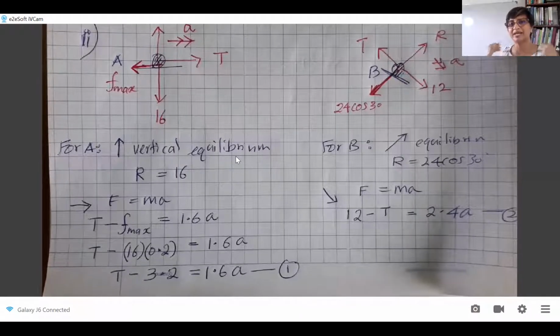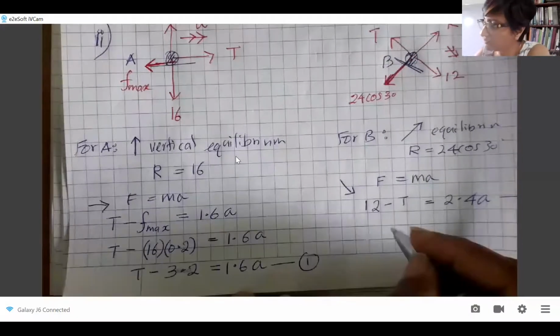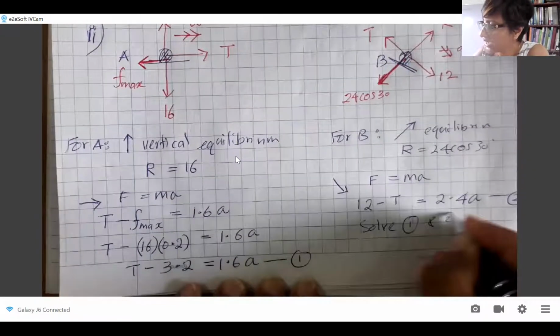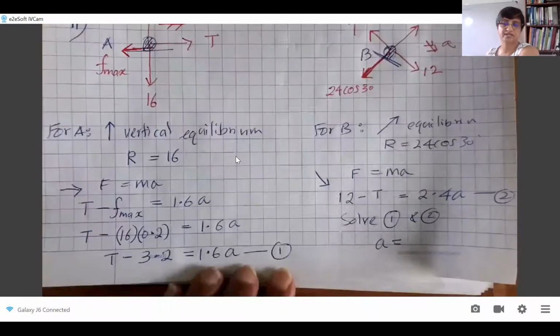I am going to need the acceleration if I'm to find any distance involved with this motion, because they're asking me for a distance traveled by A. For that, I'm going to apply equations of motion, and there I need the acceleration A. How do I find A? A comes from this. So can you solve 1 and 2? Solve 1 and 2 and give me just A. I don't need T.